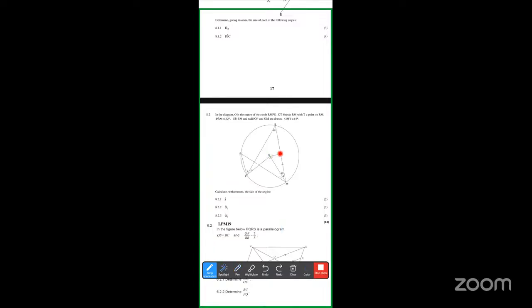T bisects RM, a point on RM. Then PRM is equal to 32 degrees. OP, OM are radii, which implies that this is equal to that. Then angle OMT is equal to 15 degrees.